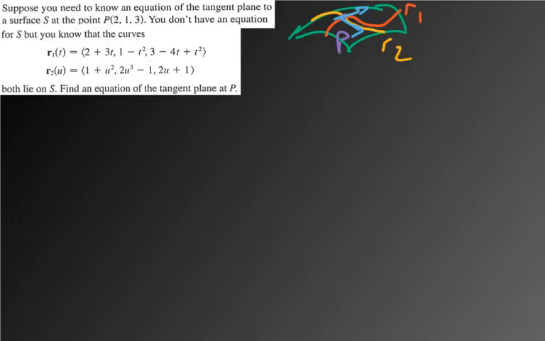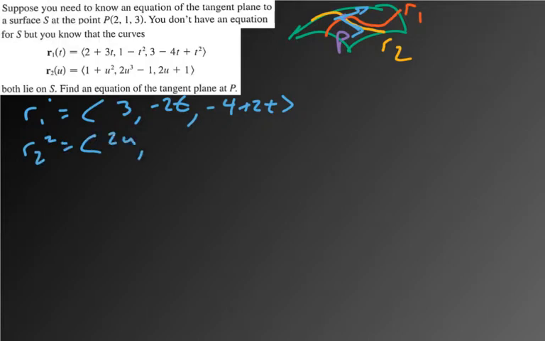So I have to start with derivatives. I need R1 prime, and R1 prime is 3, minus 2t, minus 4 plus 2t. R2 prime is 2u, 6u squared, and 2. I also need to know what t and what u get me this point, because they're not necessarily the same.